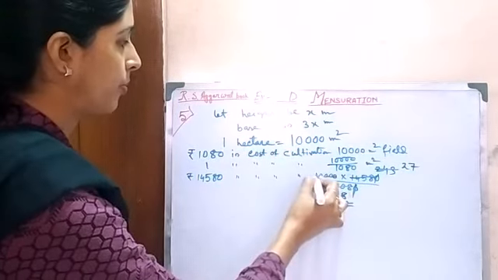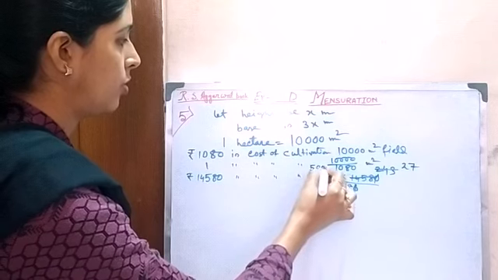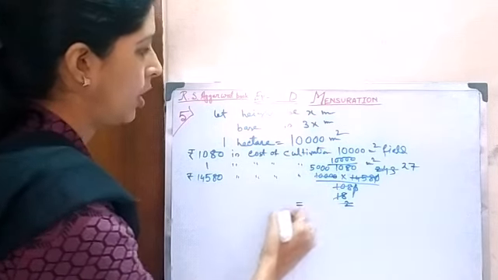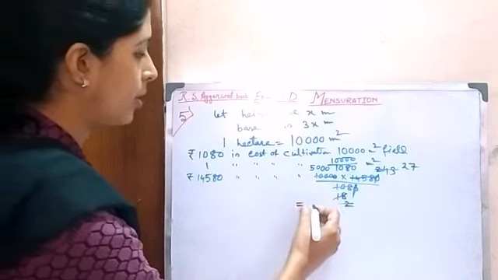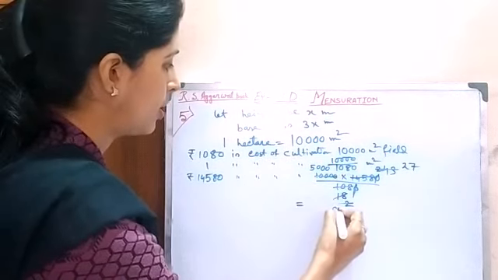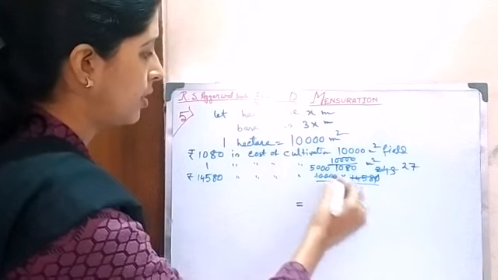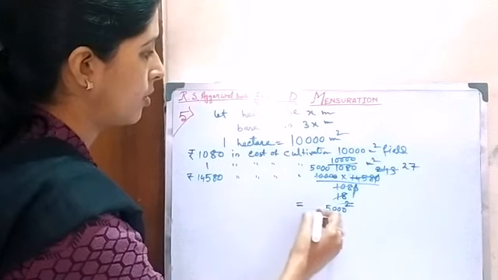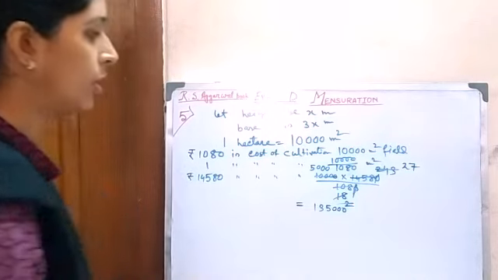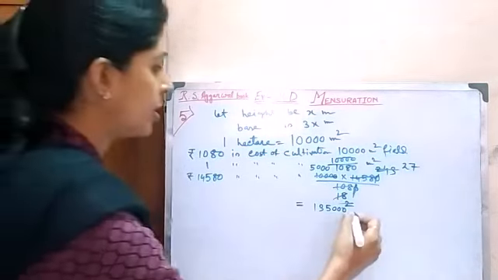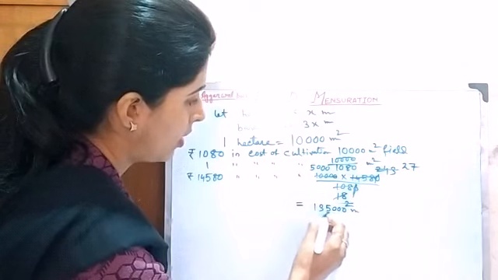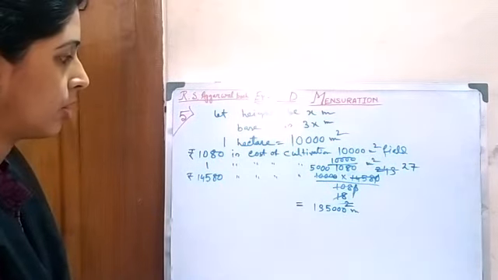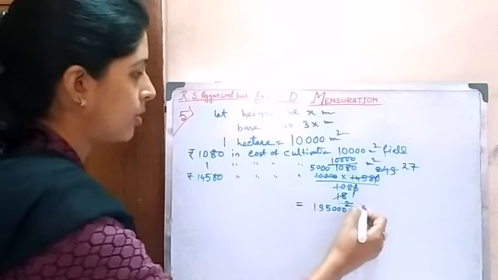By 2, 1230. Then 27 into 5,000. That means 000 will be put first. 13,500 meter square. Sorry, 1,35,000 meter square.